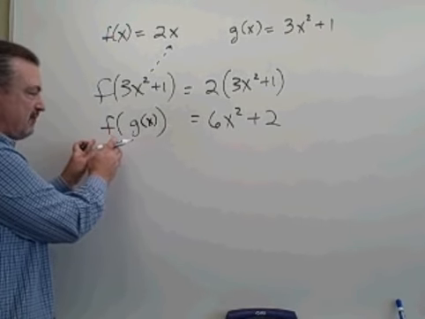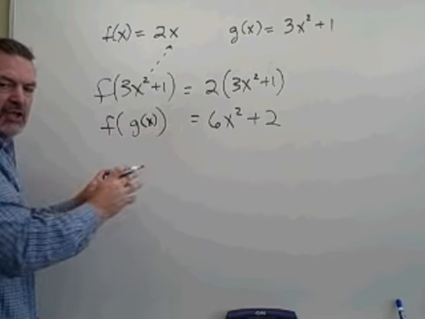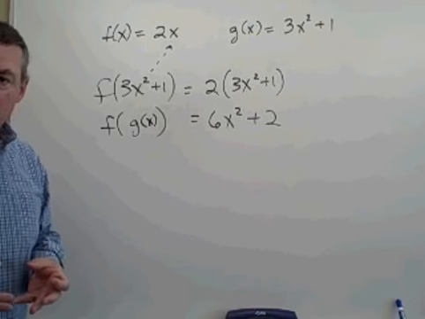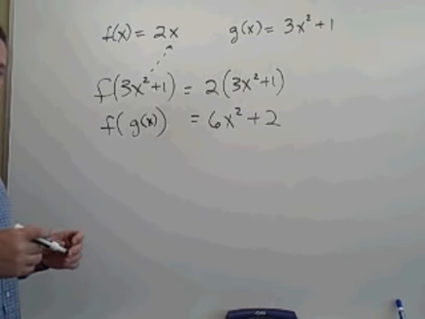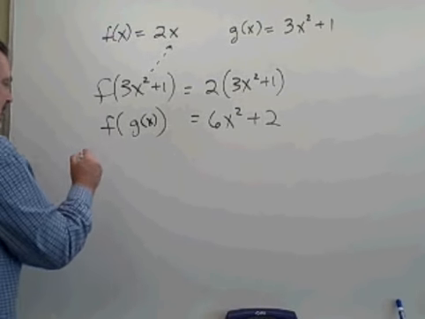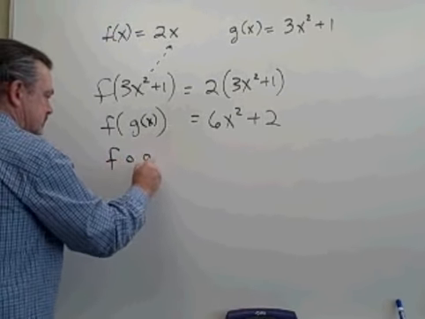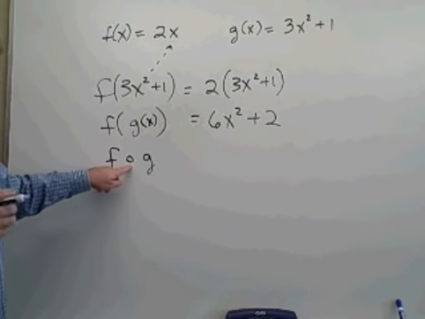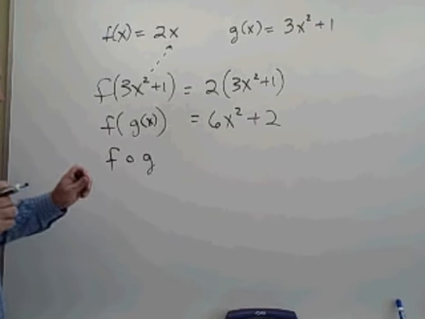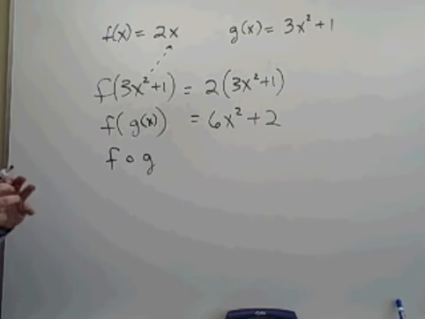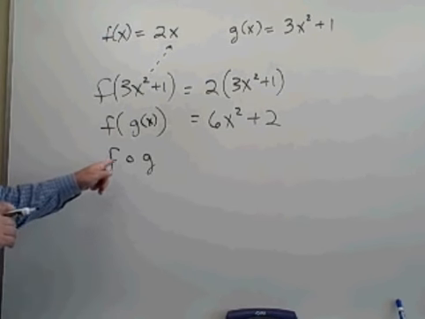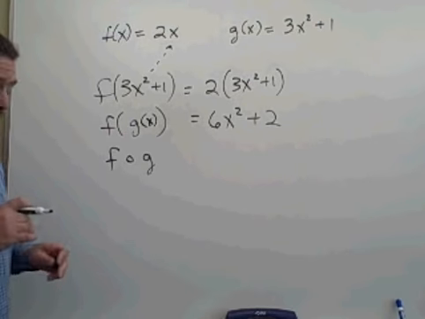When you evaluate a function at another function, you are performing what is called a composition of functions. You are composing the functions. And we have a special symbol that we use to indicate composing functions. It's this little raised circle that is smaller. It's not the normal size of an O, it's smaller, but it is hollow. It is a circle, not a dot. The dot would indicate we are multiplying the functions.